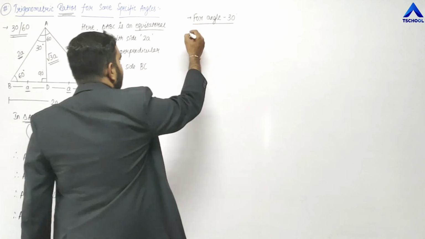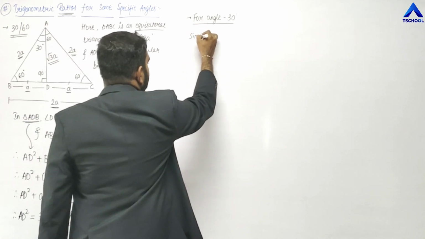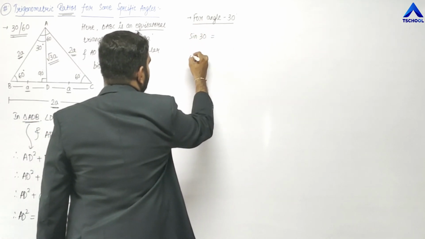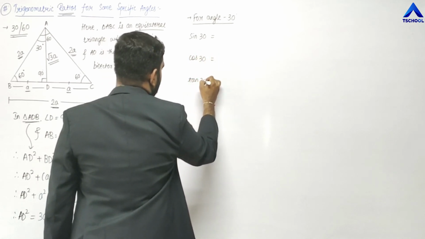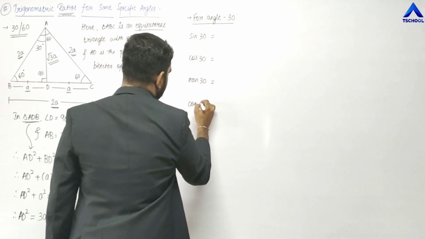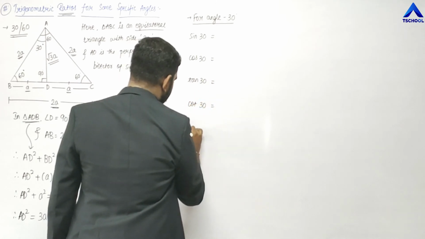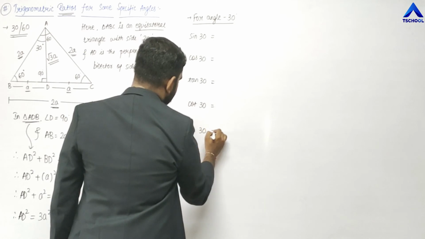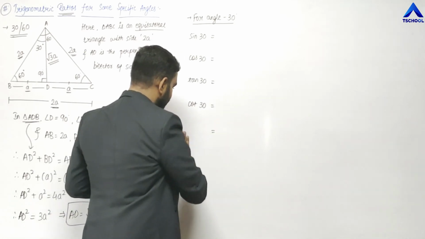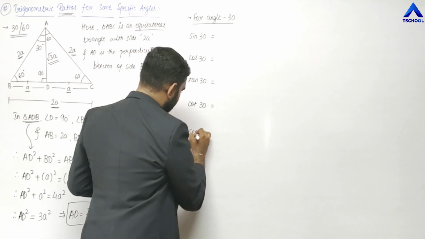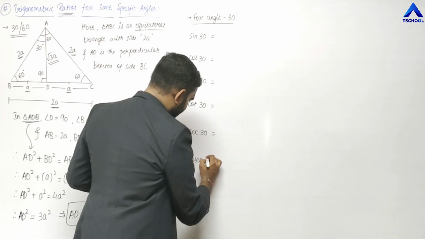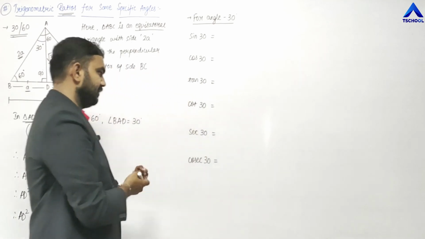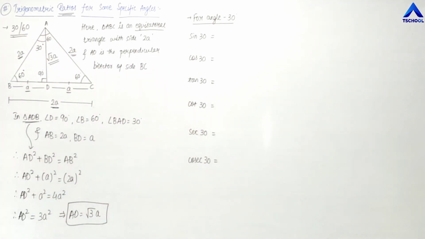Let me write down the ratios first: sin 30, cos 30, tan 30, cot 30, sec 30, and finally cosec 30.